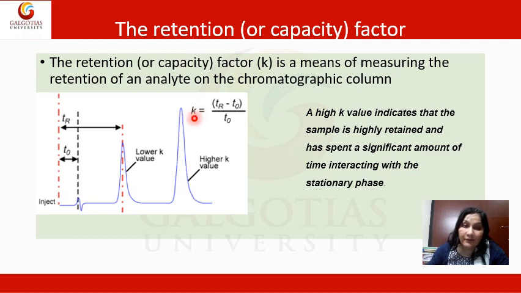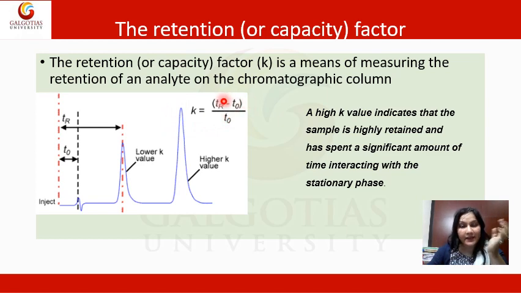So what will be the k value? 10 minus 1 by 1. Suppose your tR value is 2. Then you will get k is equal to 2 minus 1 by 1, is equal to 1. Means lesser the value of tR, lesser the value of k; greater the value of tR, greater will be the value of your retention factor.